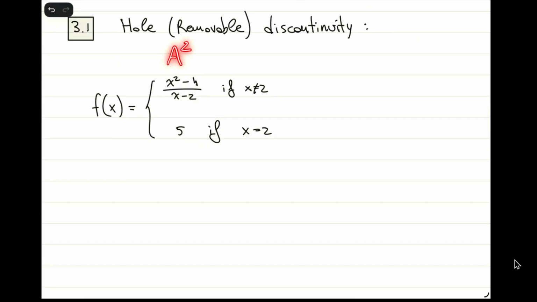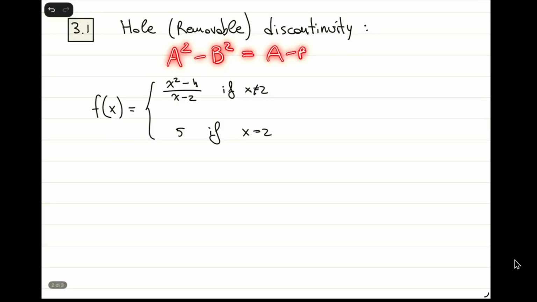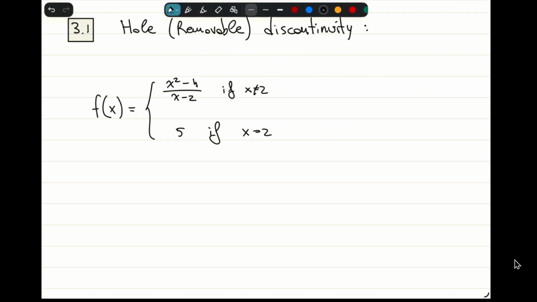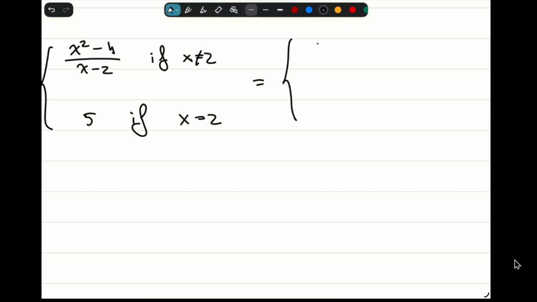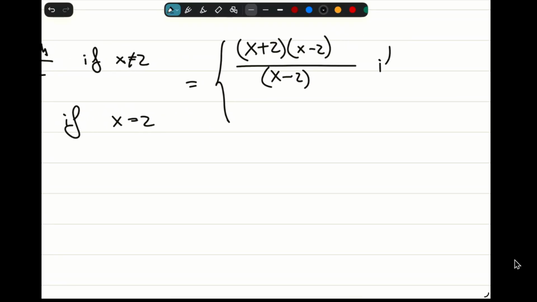Remember our formula, a squared minus b squared equals a minus b times a plus b. In this case, we have x squared minus 4, so we can say that this is really equal to x plus 2 times x minus 2 over x minus 2 if x is different than 2, and 5 if x is equal to 2.